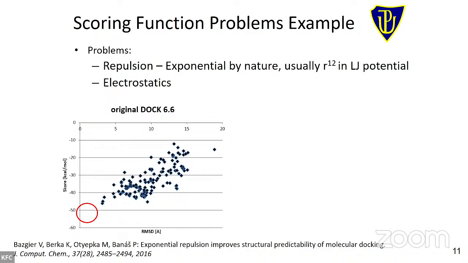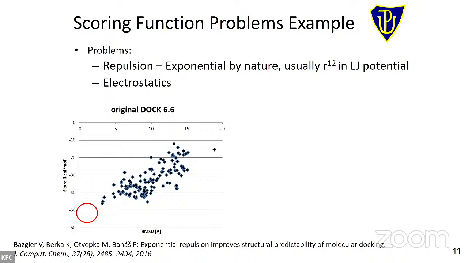But we usually use R to the 12 in the Lennard-Jones potential, which means that if you have a pocket which is quite tight, which can happen in the kinases, for instance, then the molecule will not fit, because the atoms will be a little bit artificially bigger. In a molecular dynamics simulation it wouldn't be a big problem, because you would move things apart by a fraction of an angstrom, seemingly nothing would change, but now the molecule will fit.